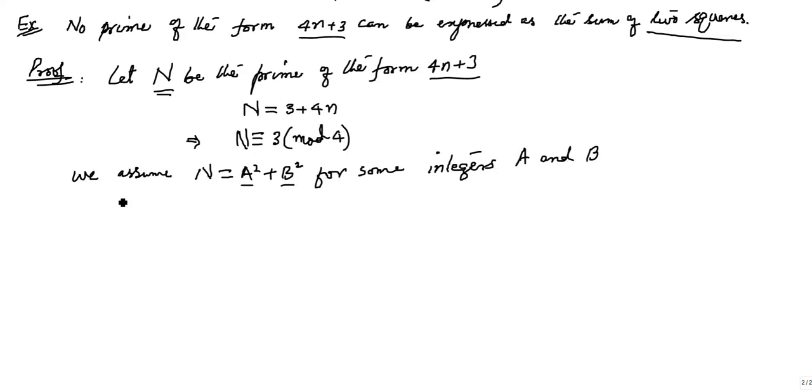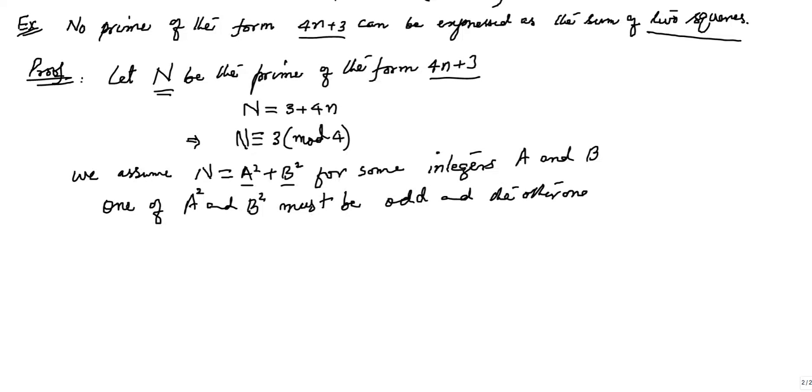So one of a and b must be odd, one of a square and b square must be odd, and the other one must be even.